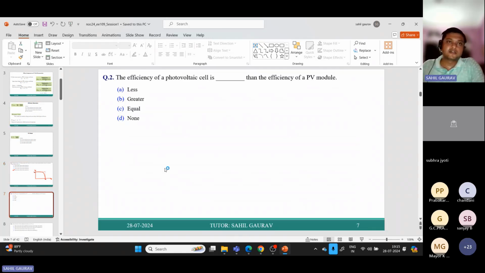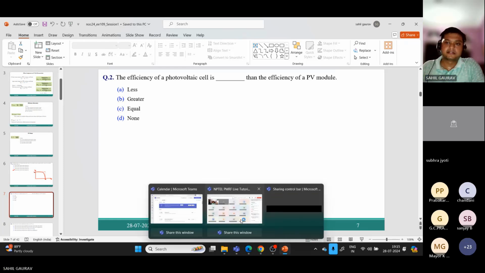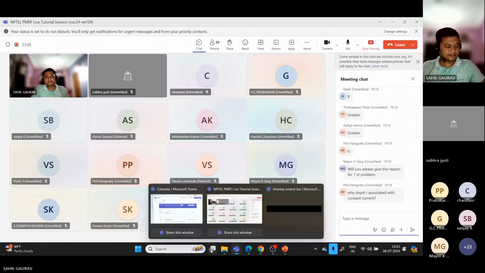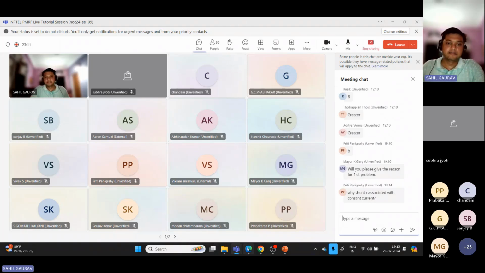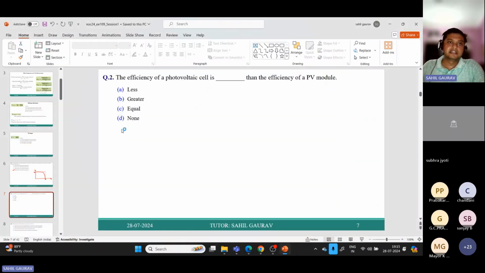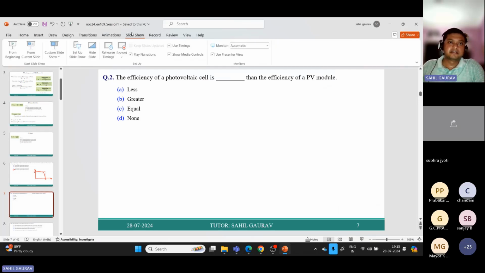The efficiency of a photovoltaic cell is blank than the efficiency of a PV module. Yes, correct, many of you have given the correct answer. The efficiency of a photovoltaic cell is greater than the efficiency of a PV module, as we have seen in the introductory quick recap slides.